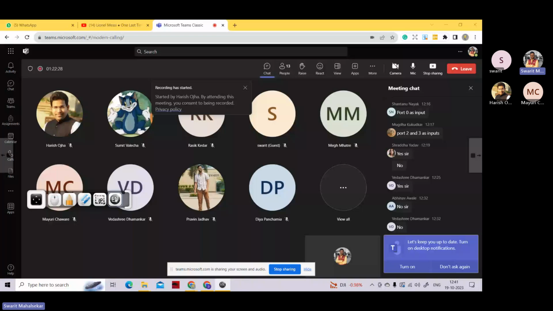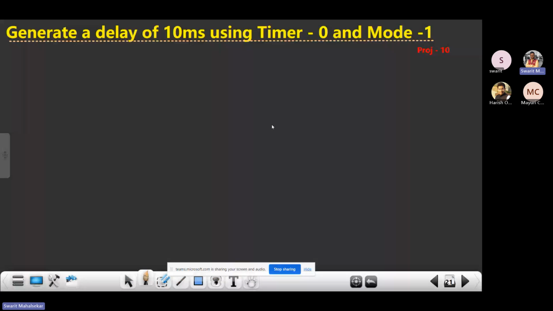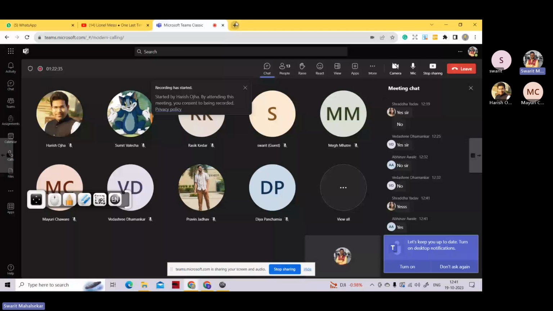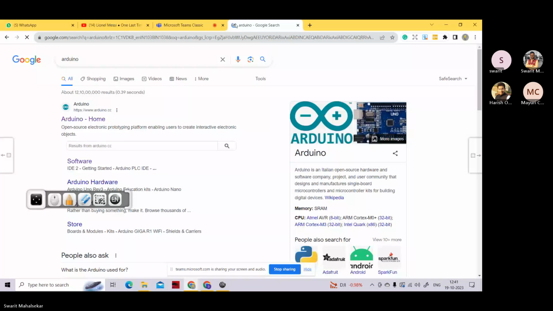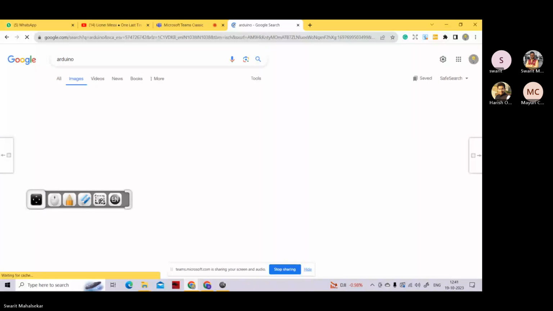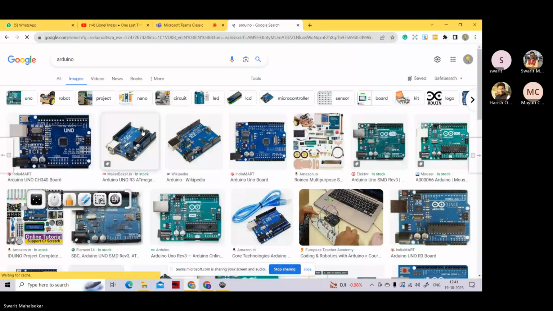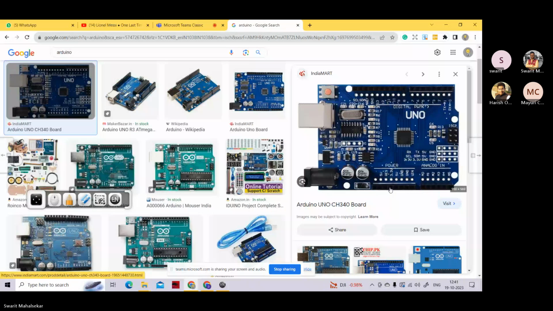So in Arduino there is a signal. Let me just show it to you. There is one pin that is PWM. Yes, I'm getting replies from Shraddha and all. Yeah, you see this particular pin, PWM.